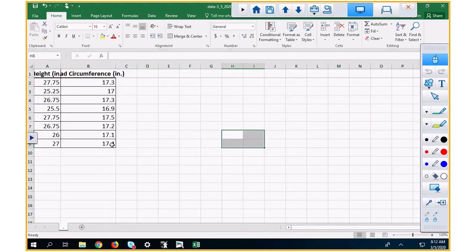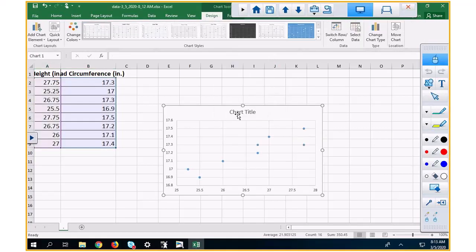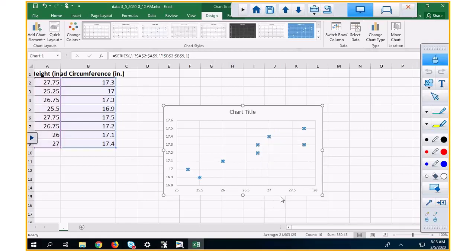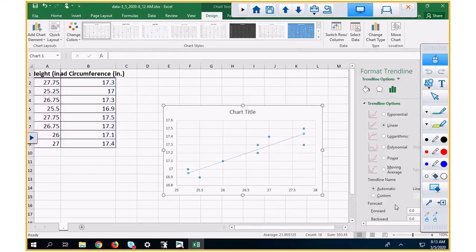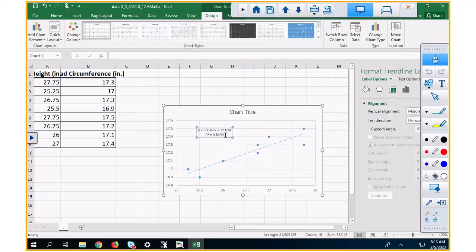And I'm going to highlight them. I'm going to go to Insert, Scatter Plot, right click, add trend line, display R squared and equation, and somebody take the square root of that.